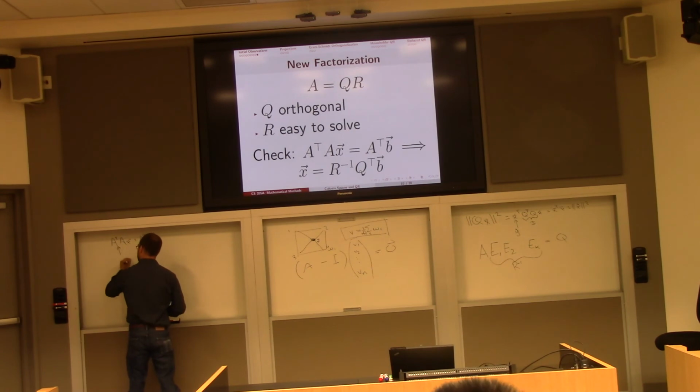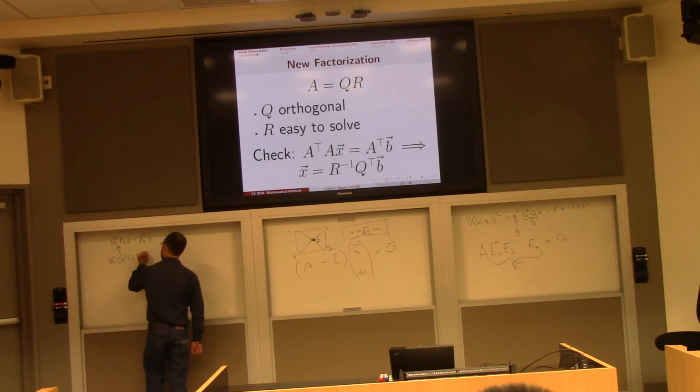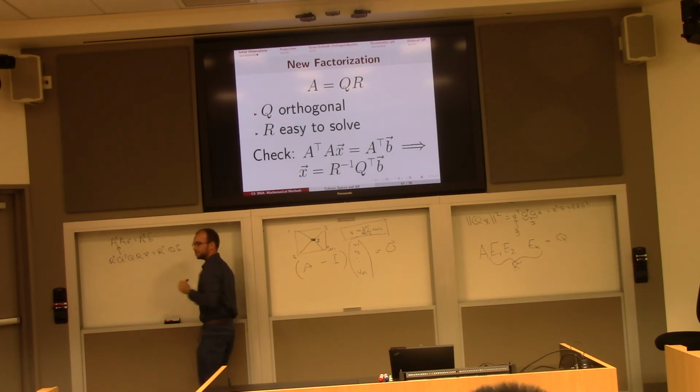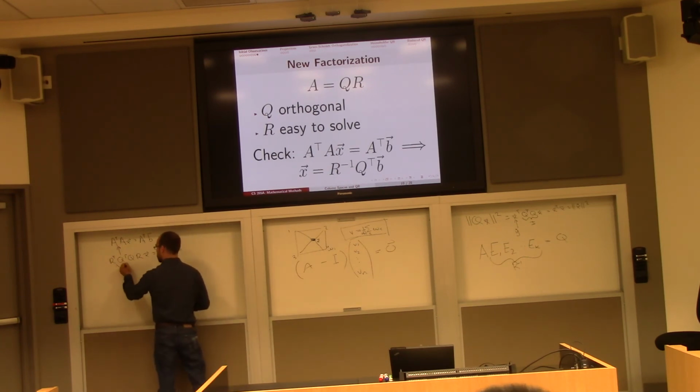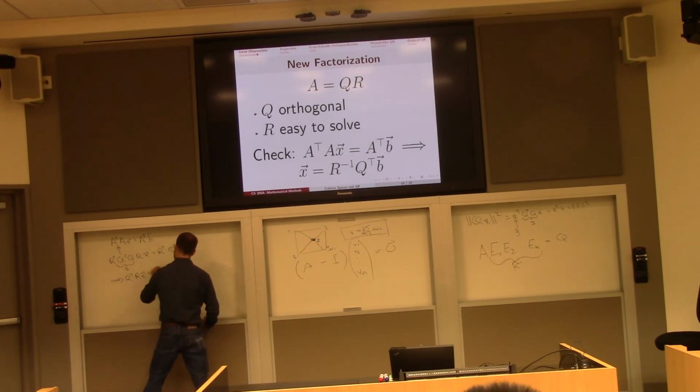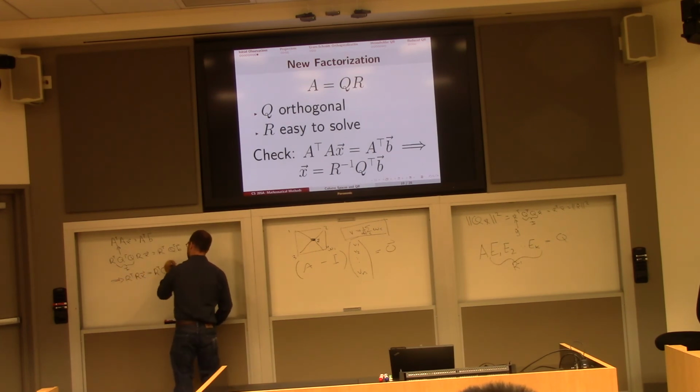For this guy, you remember A is equal to QR, so this is equal to R transpose Q transpose Q R X equals R transpose Q transpose B. Yeah, I did that right? Now, great. What is Q transpose Q? This is the identity, right? So this is the same as R transpose R X equals R transpose Q transpose B.